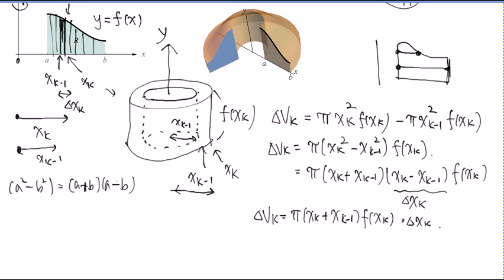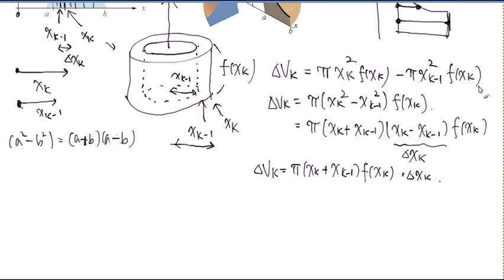Some books do it correctly, and I think our book is a little sloppy about this part. And in here, this xk and xk minus 1 is almost the same because it's very, very small, right? So why don't we replace that xk minus 1 with xk, then it becomes 2xk, right?